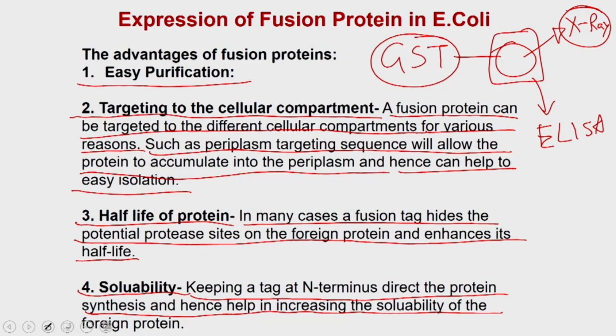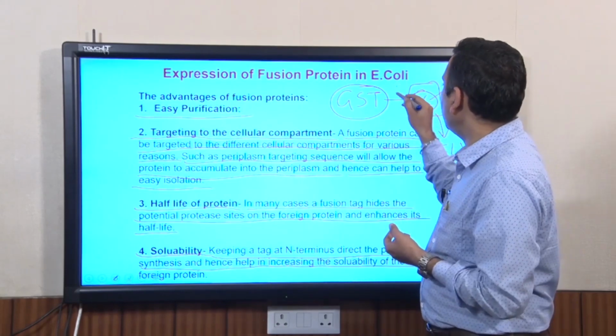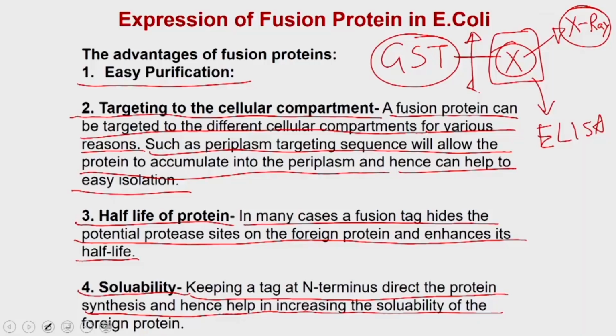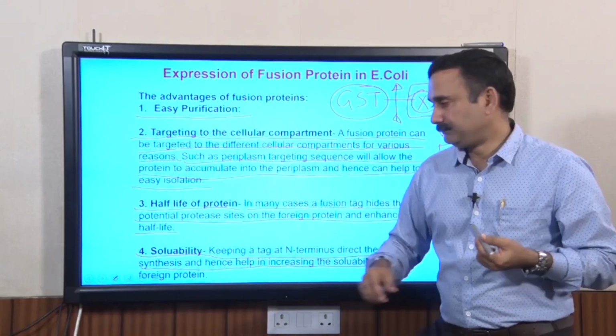For example, if you would like to use this protein X for therapeutic purposes, such as insulin, and you are generating a fusion of insulin along with GST, you do not want a patient to receive the GST as well. In those cases, you have to cut this chimeric protein with the help of some proteases, so that the fusion tag is separated.